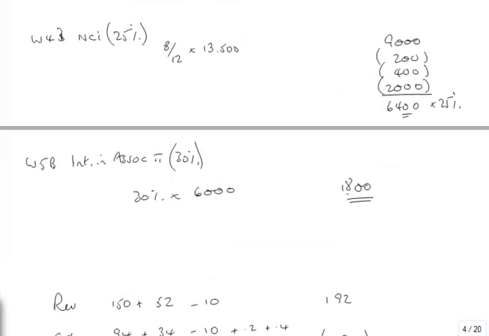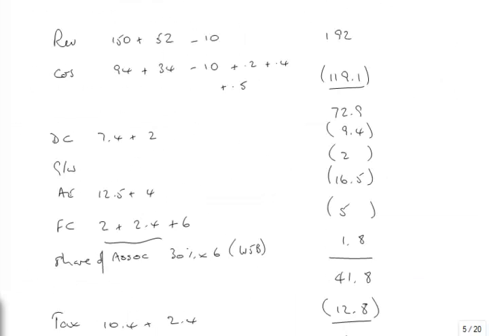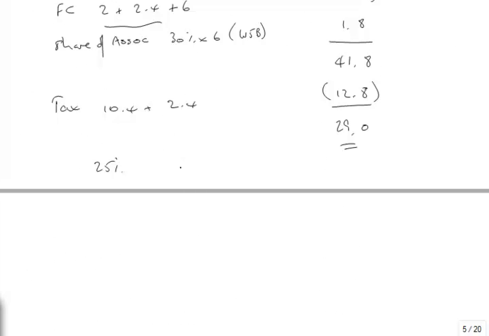Of this amount, 1,600 relates to the NCI, and 27,400 relates to members of the parent company.